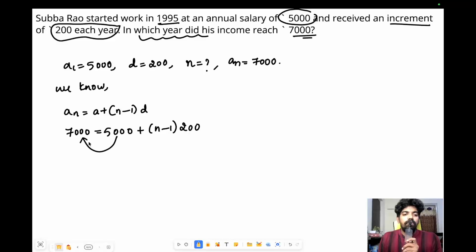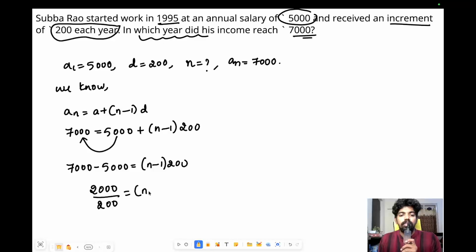I am transposing 5,000 to the left-hand side. 7,000 minus 5,000 equals n minus 1 into 200. 7,000 minus 5,000 is 2,000 divided by 200 is equal to n minus 1. Cancel 2 zeros, 2 ones are 2, 2 tens are 20. So n minus 1 is equal to 10, n is equal to 10 plus 1, n is equal to 11.